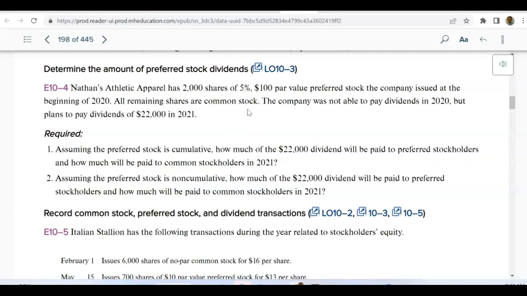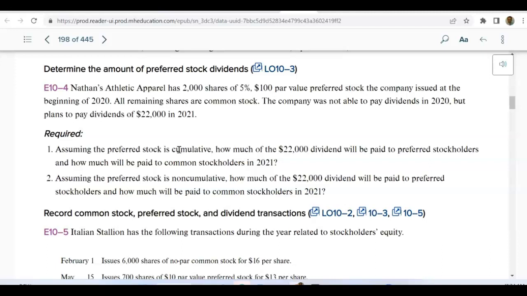The company was not able to pay dividends in 2020, but plans to pay a dividend in 2021 of $22,000. Assuming the preferred stock is cumulative. Cumulative means preferred stock will get the dividend, and if for year one they didn't get any dividend, in year two they get the dividend for year one and year two, so it's not going to get lost.